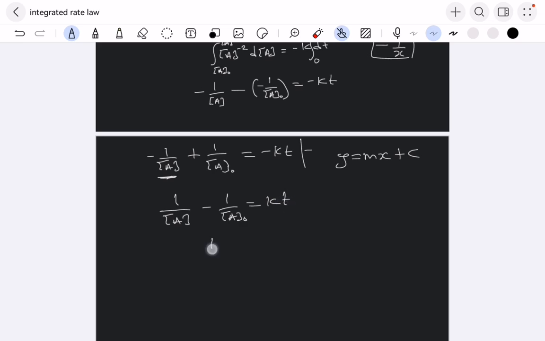To rewrite, 1 over A equals kt plus 1 over A initial. So this is the second order expression for the integrated rate law.